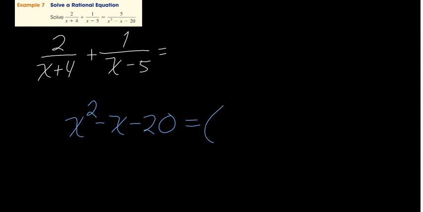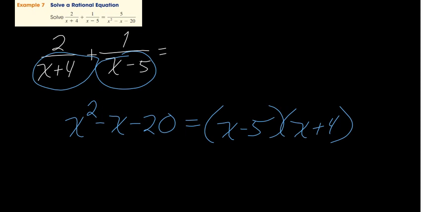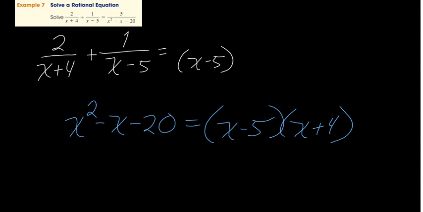It's going to be an x minus 5 and an x plus 4, which, like I said, are these two denominators. Look for that in the text, but obviously also know how to do it. So x minus 5, x plus 4.